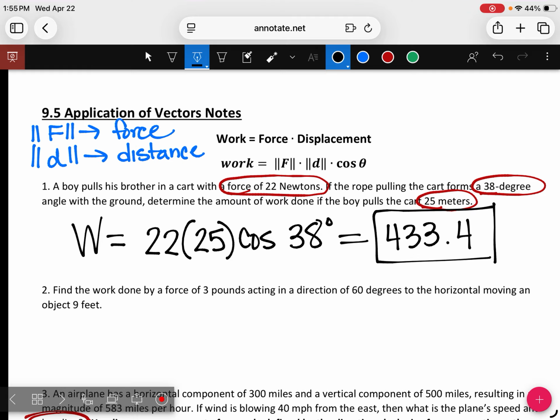All right, do example 2 by yourself, or number 2. Read the question. I'll read it out loud.